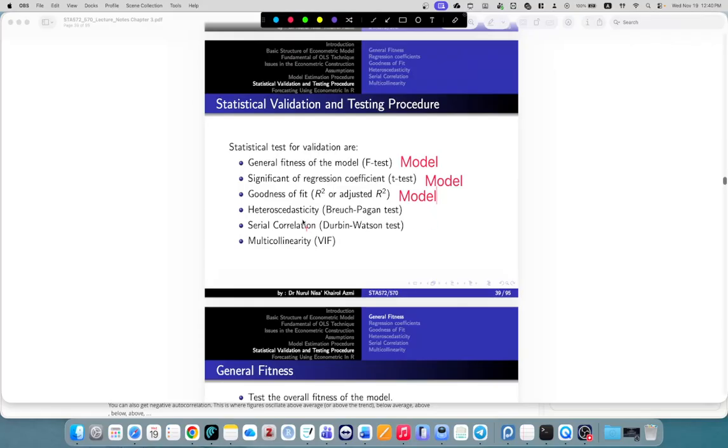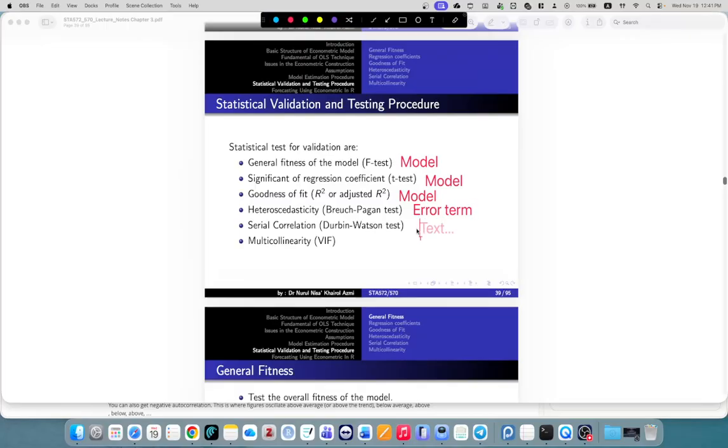For heteroscedasticity and serial correlation, these are assumptions towards the error term. We take a look at the characteristics of the error term, whether it has a heteroscedasticity problem or not. Besides plotting the residuals, we can also perform statistical tests such as the Breusch-Pagan test to check whether there is a heteroscedasticity problem or not.